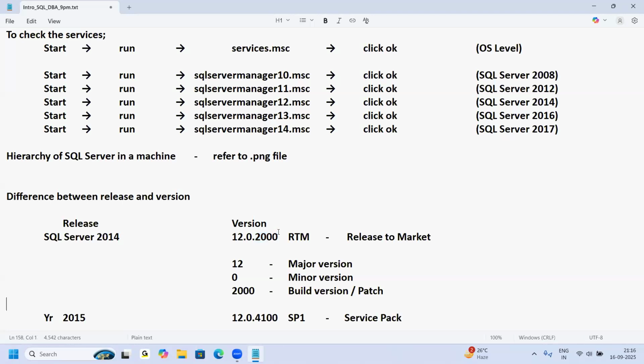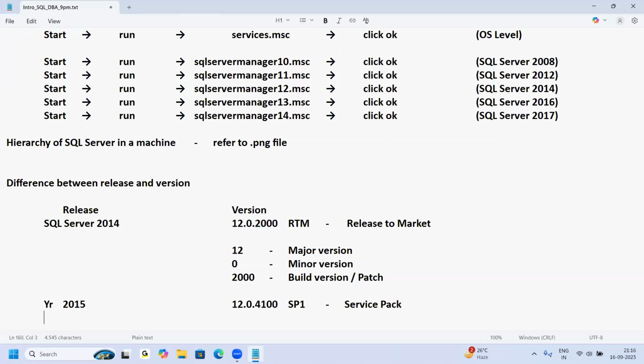Then in the year 2016, they came up with 12.0.5000 as SP2, which they call Service Pack 2. That is Service Pack 1, this is Service Pack 2. How many changes now? 5,000 minus 4,100, almost 900 changes Microsoft has made in Service Pack 2.